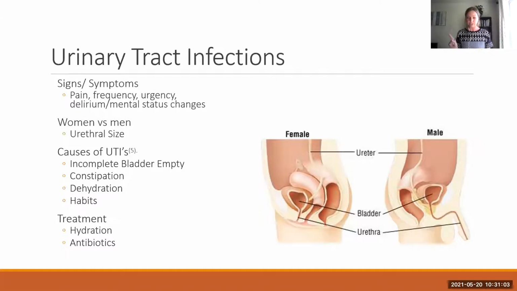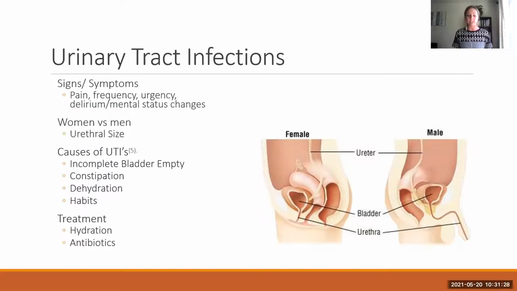If somebody has difficulty urinating, is not urinating often enough, or they're dehydrated and that results in not urinating enough, then they're at high risk for UTIs. Another thing is constipation. I don't know about people that are working in the community, but in my time in gerontology, I've known that constipation is very common in older adults.